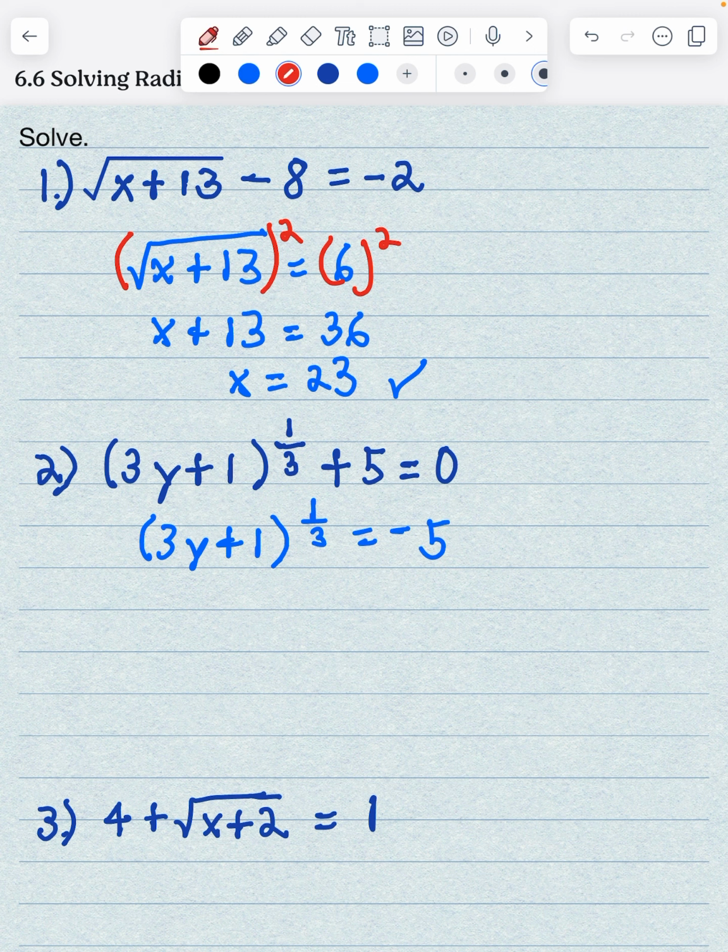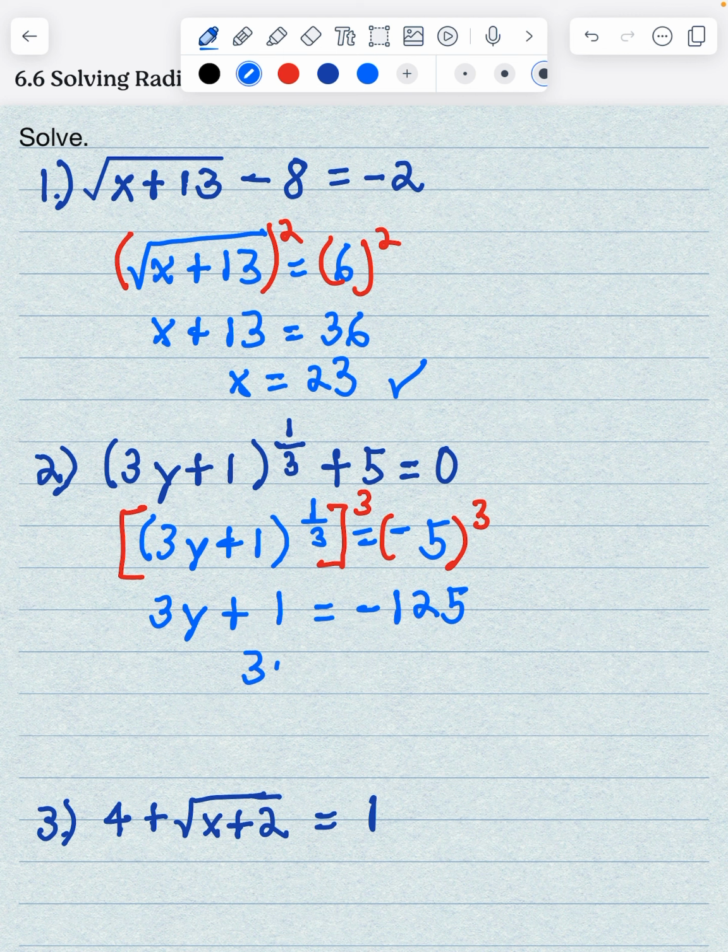And we're going to raise both sides to the 3rd power, the reciprocal of our rational exponent, because we know 1/3 times 3 equals 1, and that will eliminate the rational exponent. So now we have the quantity 3y plus 1 equals negative 125.